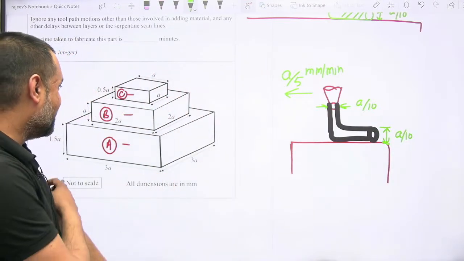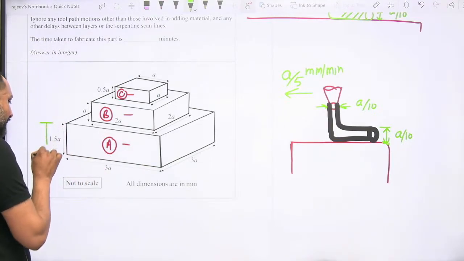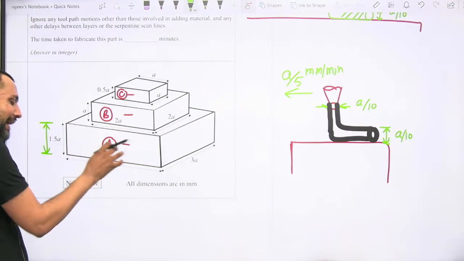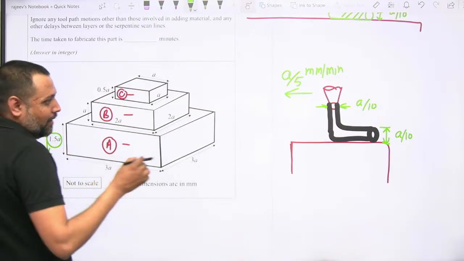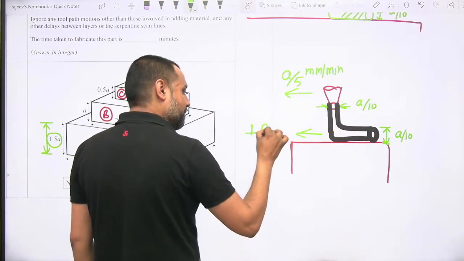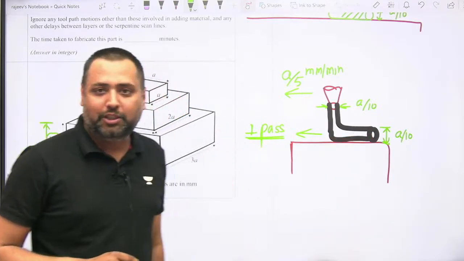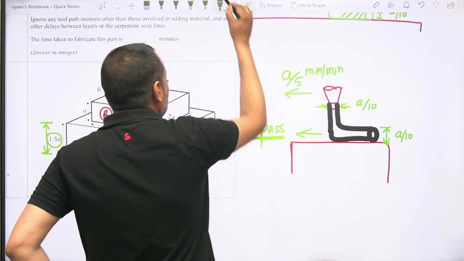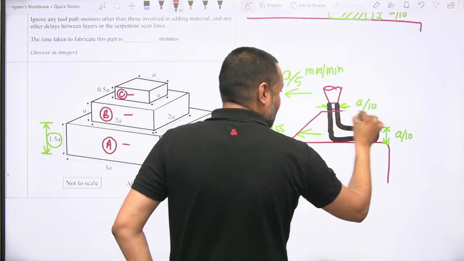Now my dear students, observe that the total thickness for block A that has to be made is 1.5A, but in one pass how much thickness will be deposited? A by 10. Not only that, you have to make the square shaped part like that.